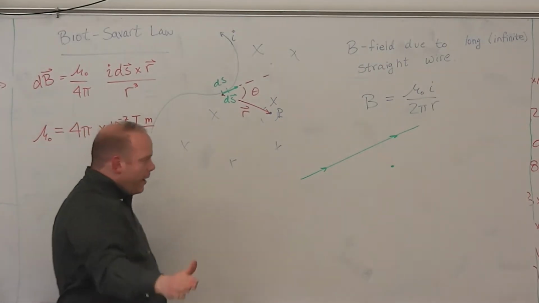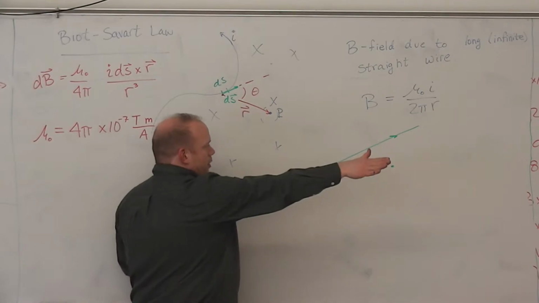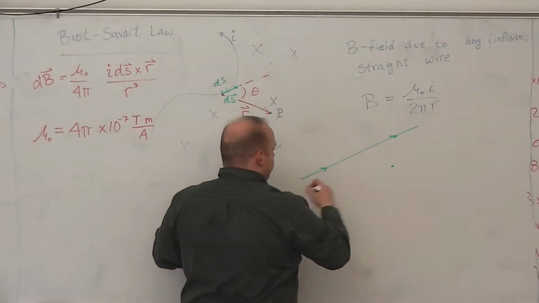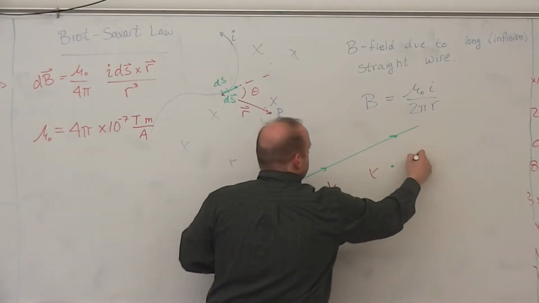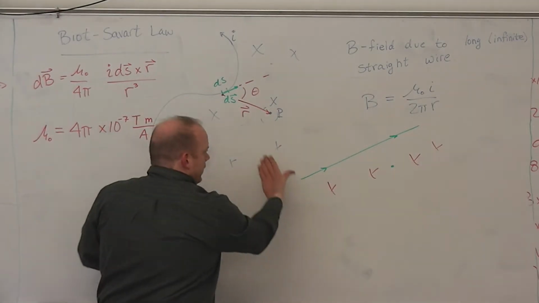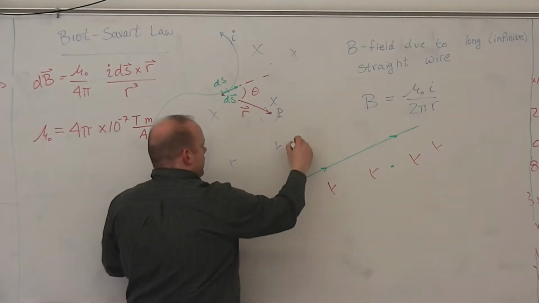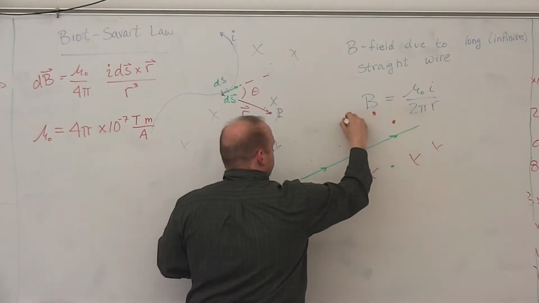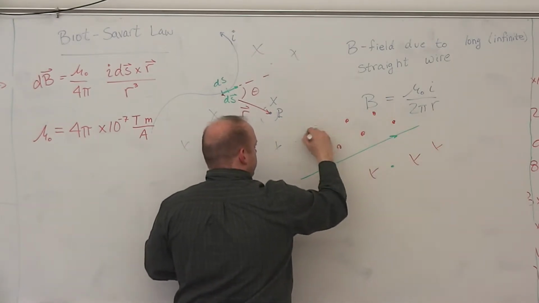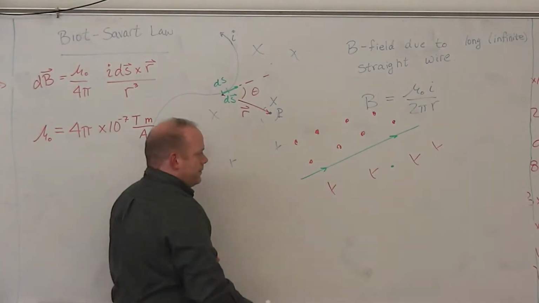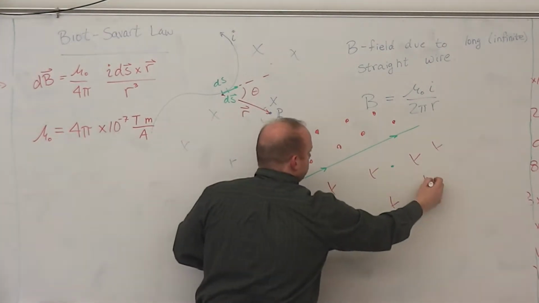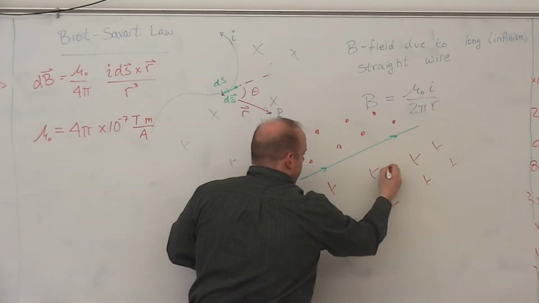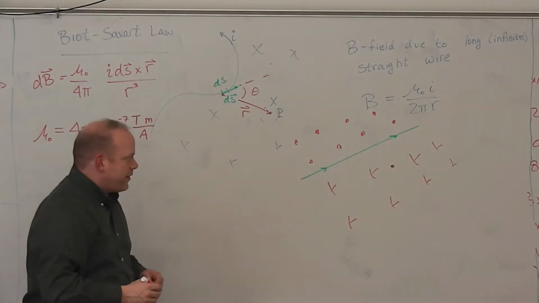So everything below this wire, I've got a magnetic field that goes into the board. Everything on this side of the wire, I've got coming out of the board. I've got my dots. So right here at this location, my magnetic field comes out of the board.